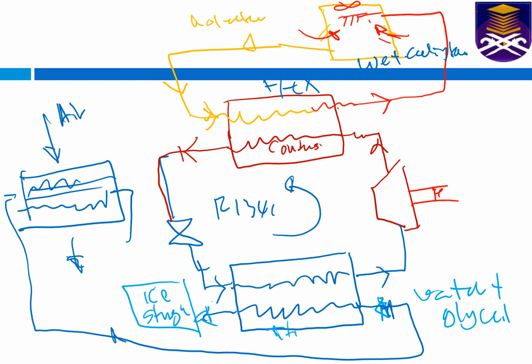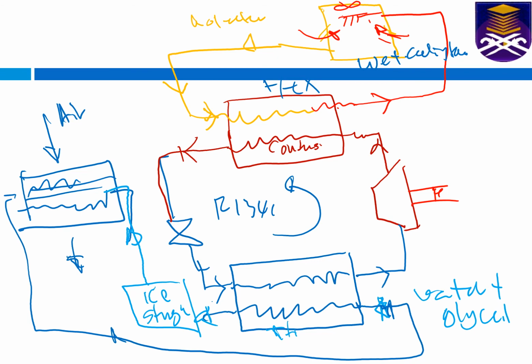Okay, so this is the ice storage. It will be stored here, and then when you come into the office in the morning, the ice water we pump, and then we go to the AHU without using the chiller. So it just uses the ice storage, which over the night was produced by the chiller using the same energy consumption but at a cheaper rate to produce a lot of ice.